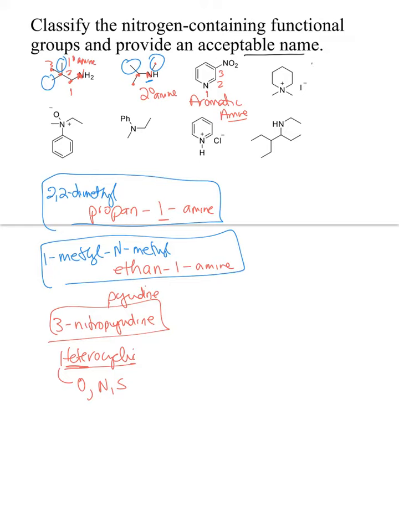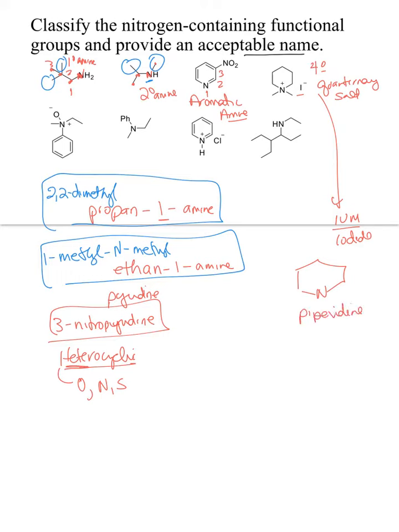Okay, this is a quaternary salt, and these get the -ium ending. This would be an -ium iodide. What is that? If you look at your heterocyclic compounds, you'll see that this structure here is piperidine.